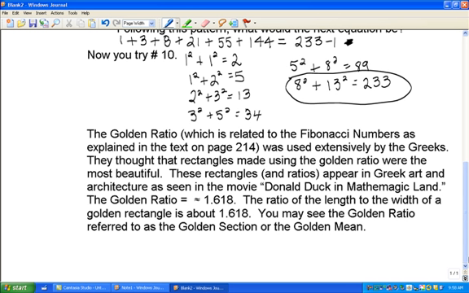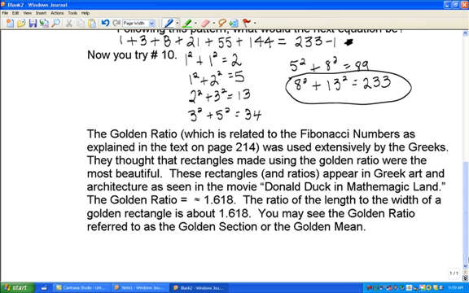They thought that rectangles made using the golden ratio were the most beautiful in the world. These rectangles and ratios appear in Greek art and architecture as seen in the movie Donald Duck in Mathmagic Land. If you have a chance to look at that, you may want to, because it does talk about the golden ratio, or sometimes it's called the golden section or the golden rectangle.